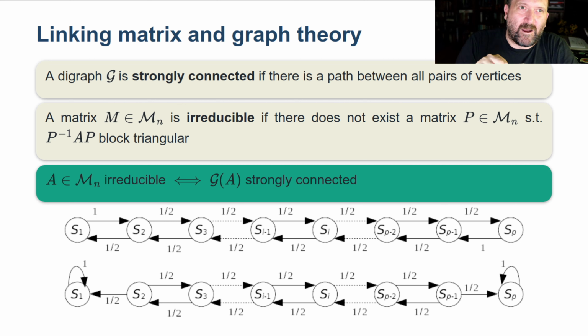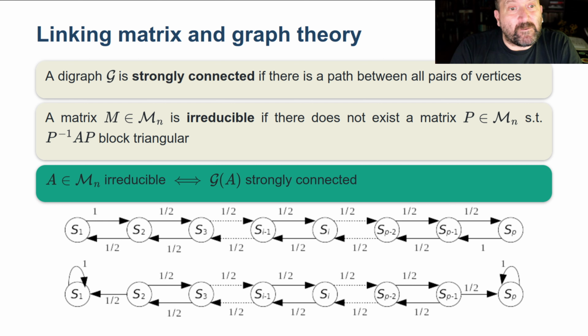But if I can reorder my rows and columns in a matrix in such a way that the matrix is block upper or block lower triangular, it is reducible. If I cannot do this, it's irreducible.